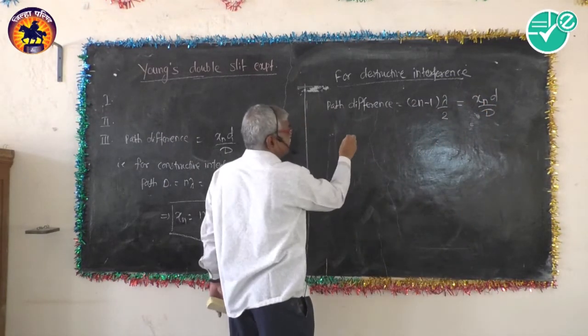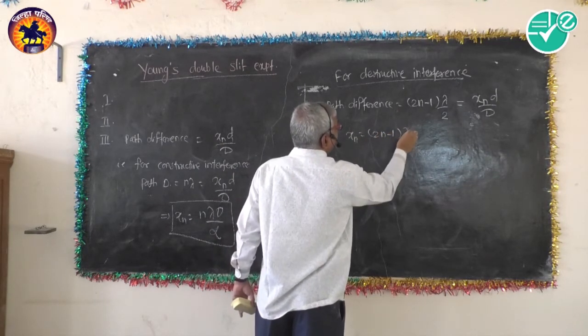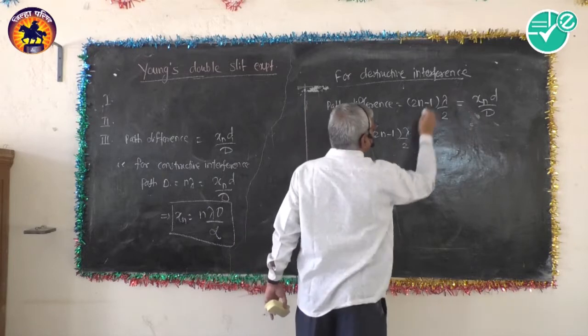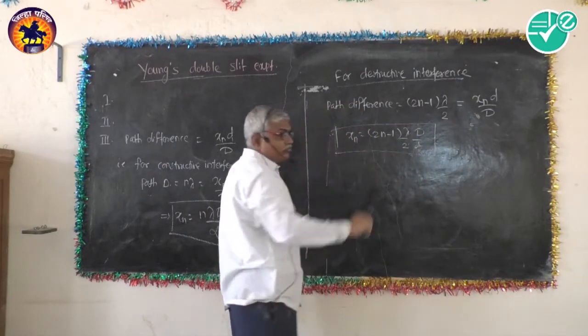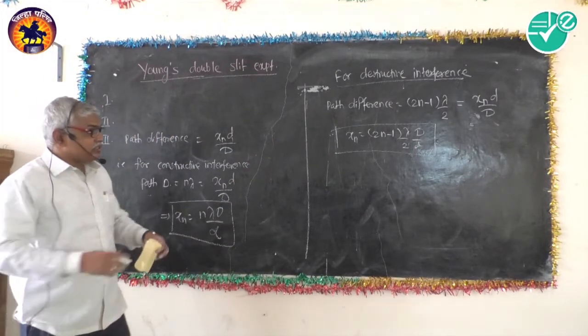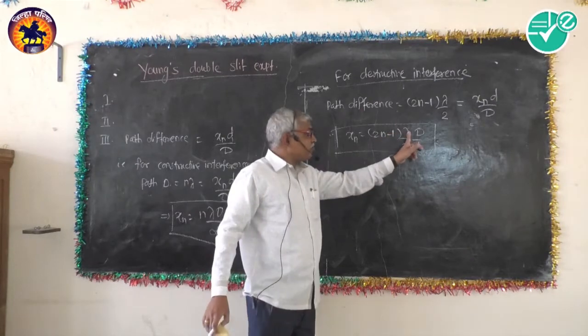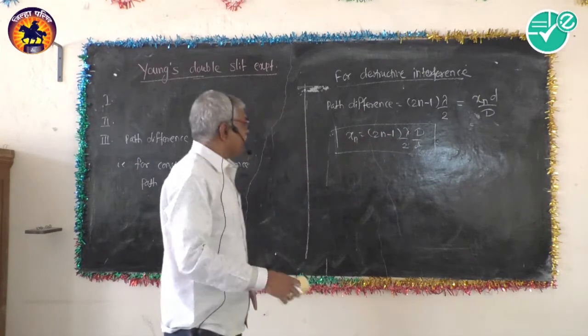Therefore, for destructive interference, xn = (2n − 1)λ/2 × D/d. This is the condition for destructive interference, where λ is the wavelength of the source of light, and n is the band number or fringe number.